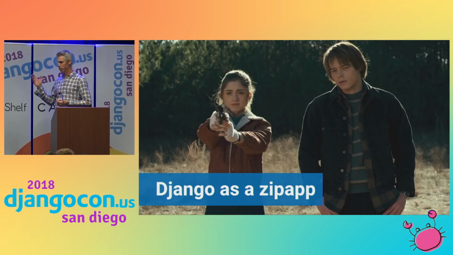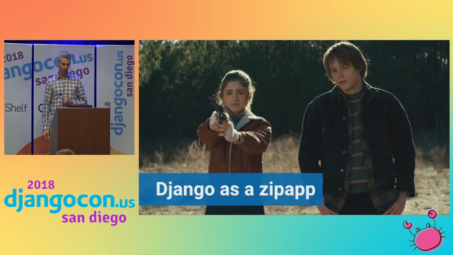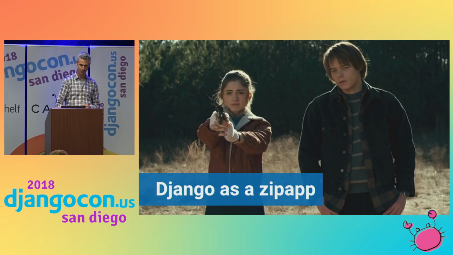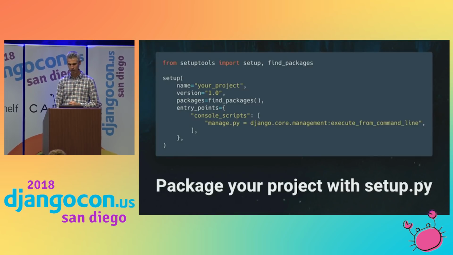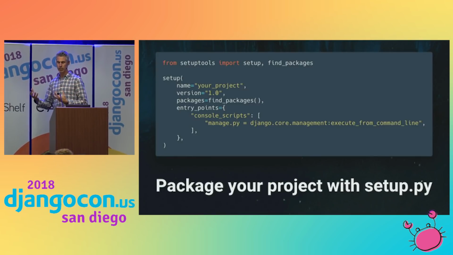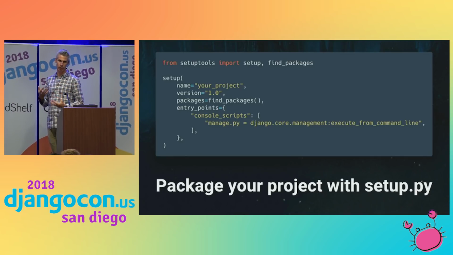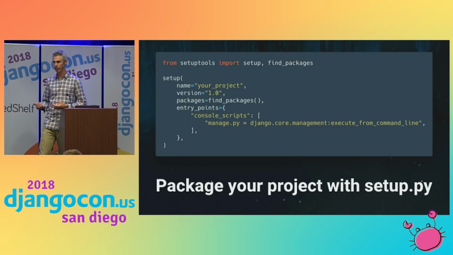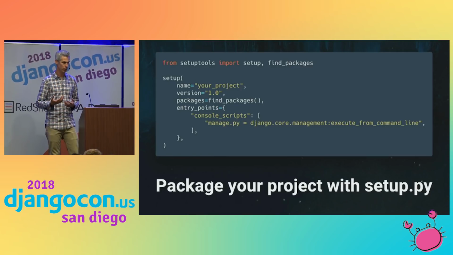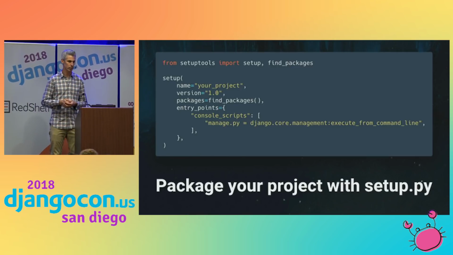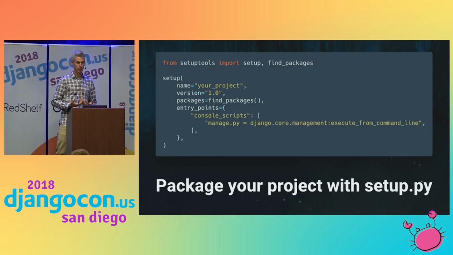So can we teach Django to run as a zip app? The answer is yes. The first thing you need to do is make sure your Django project is a proper Python package. I would recommend doing this anyways. In my opinion, it's best practice. It's very simple to do.